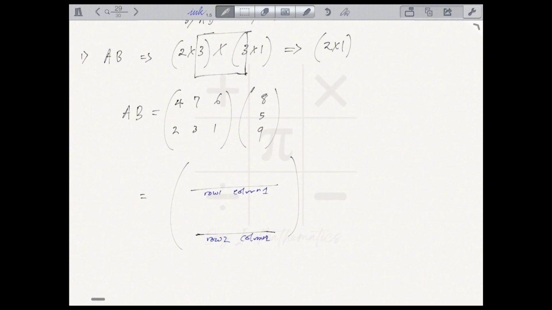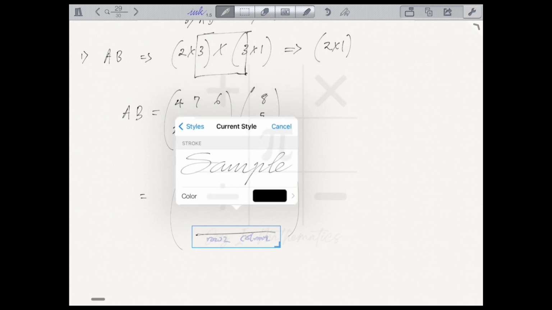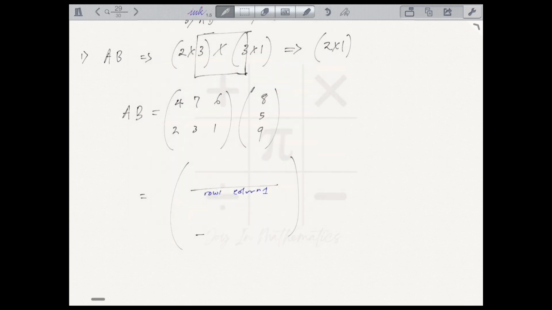Let's make this a different color. So, row 1 of A multiplied by the column of B: we have 4 multiplied by 8 plus 7 multiplied by 5 plus 6 multiplied by 9.